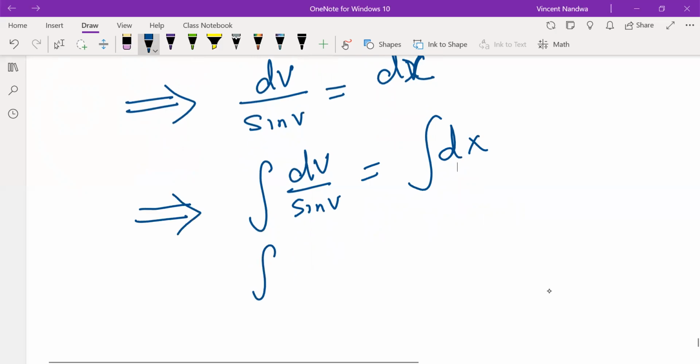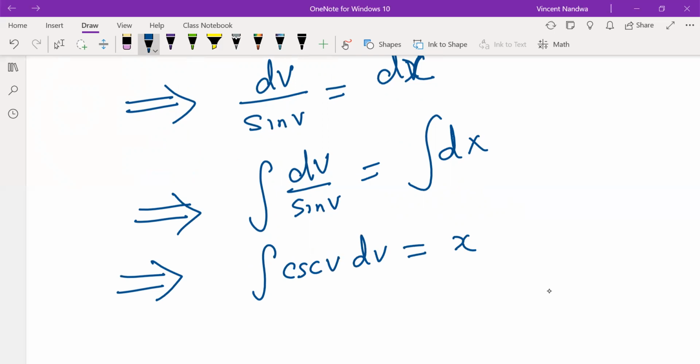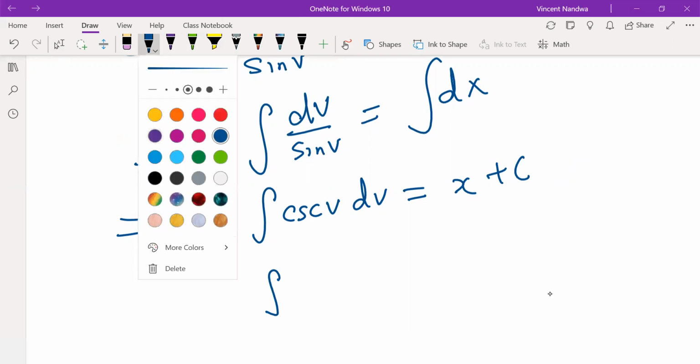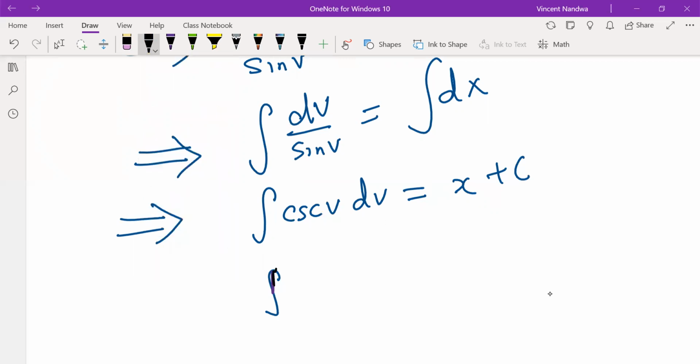Please note that 1 over sine v is the same as cosec v, and then when you integrate cosec v, you get ln of tan of v over 2, then plus, equals x plus c.